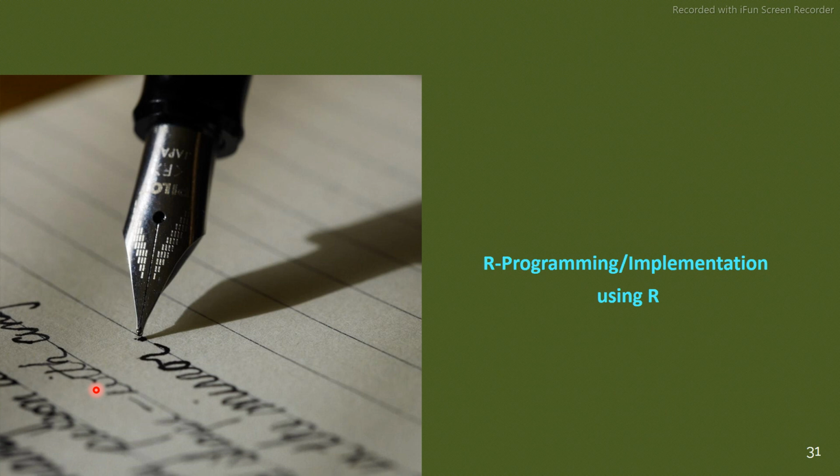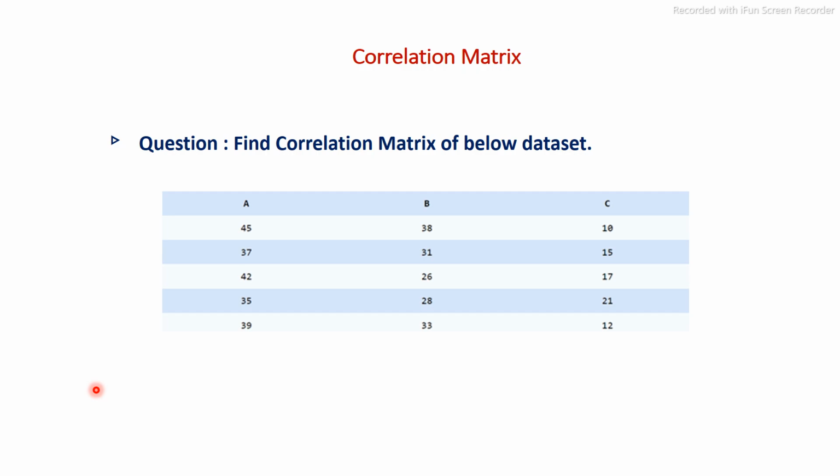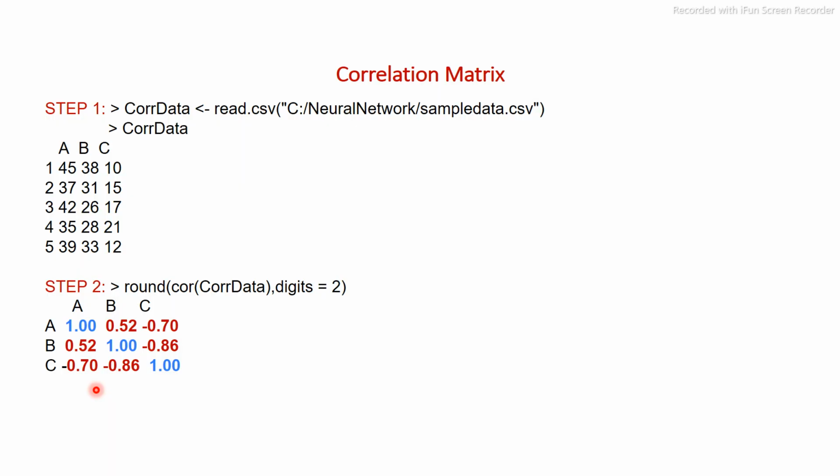Similarly, in R programming, if anybody has a background in R, you can calculate using R programming. I'm just running it through the slides. We have 3 data points, let's say 45, 38, 10, just data points, and you want to calculate the correlation. This is a correlation matrix. In R, you can run it like this, rounded up to 2 decimal places.